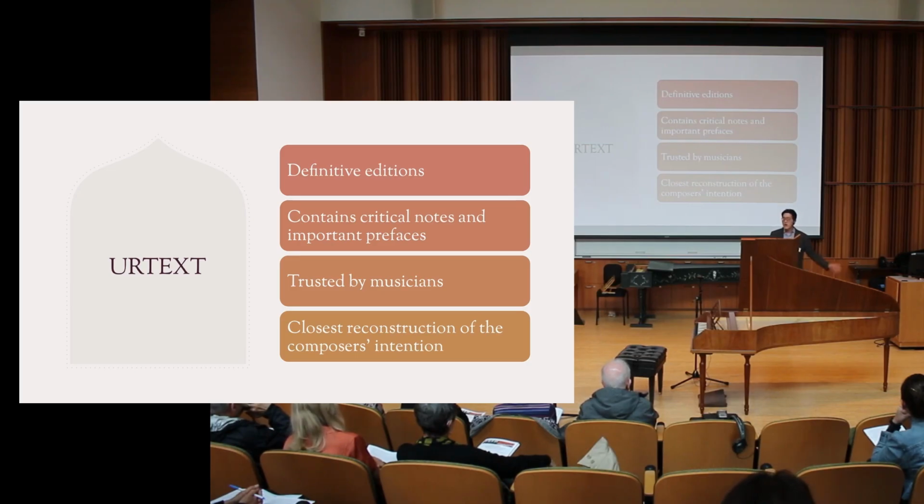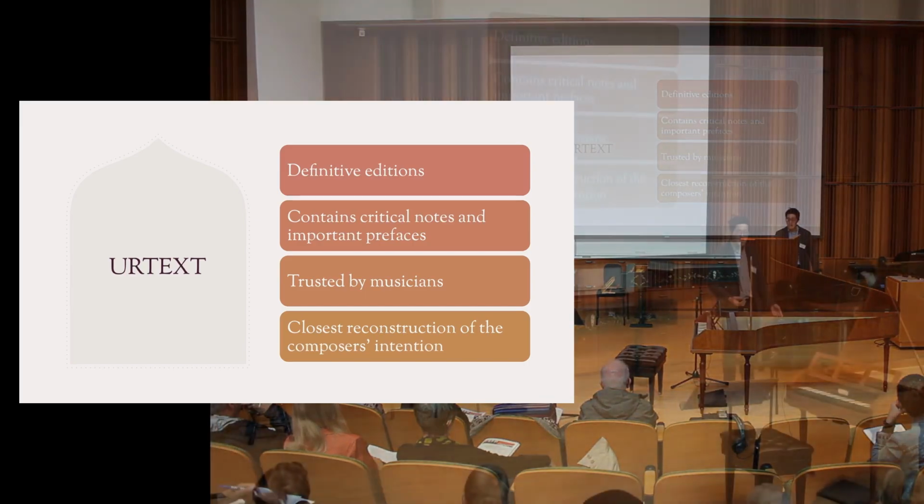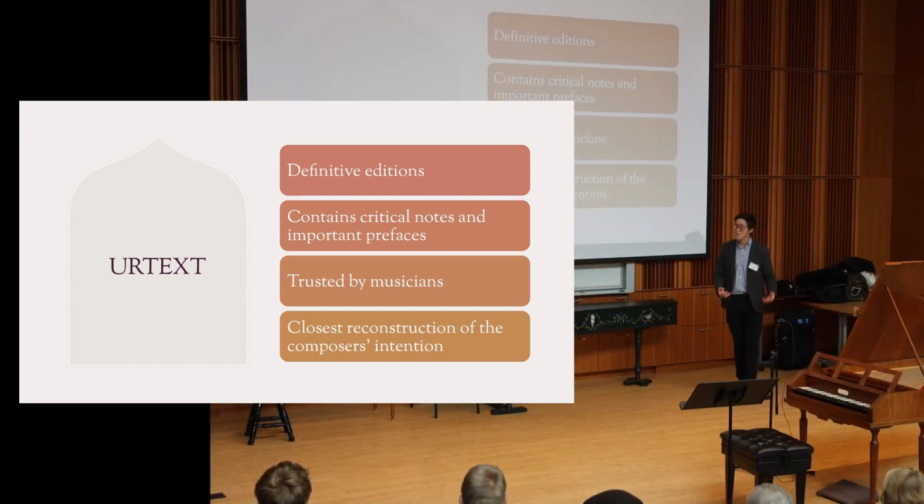In order to create a text edition, musicologists have to go through all the primary sources, the manuscript, the first publication, and compare all of them painstakingly, in order to put together a version that has all the composer's original markings, dynamics, and tempo markings.